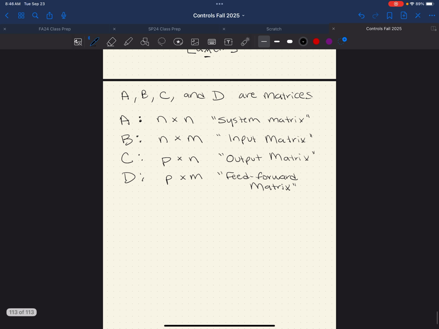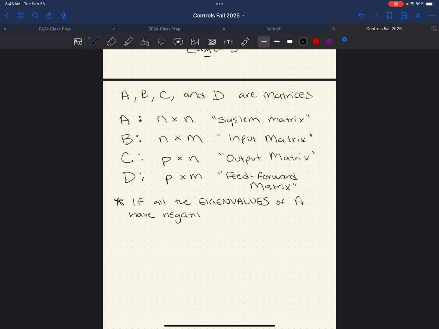Okay, I'll give a little bit of foreshadowing, just a little bit of interesting things here. If all the eigenvalues of A have negative real parts, I say this because eigenvalues can be complex numbers where part of the number is an imaginary portion, but if the real parts are all negative, then the system is stable without control input u.